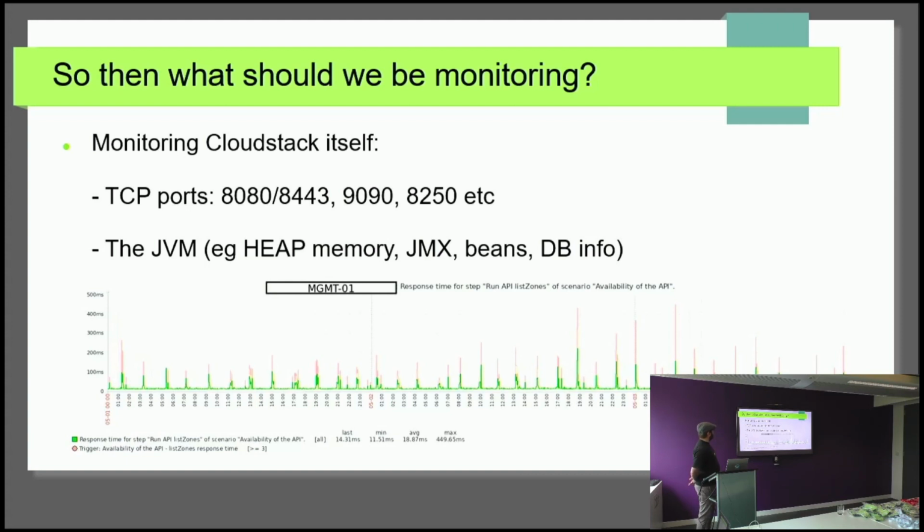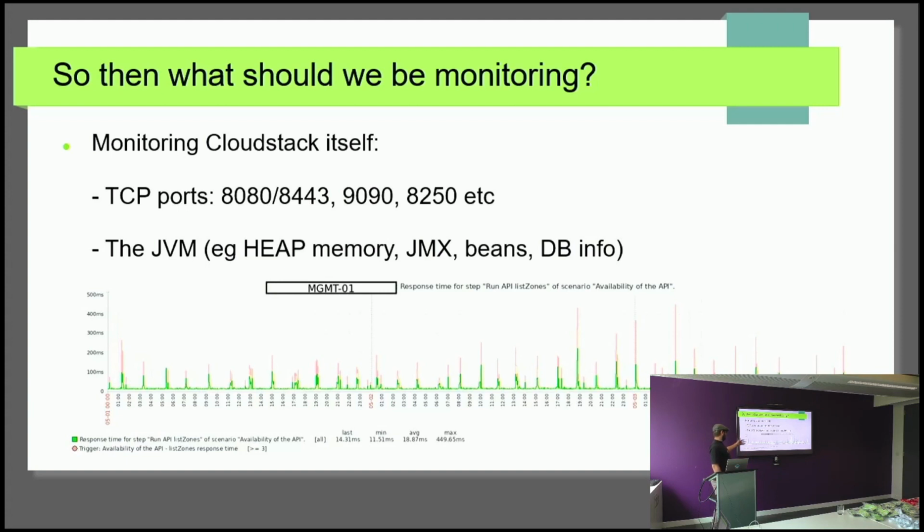More than that, you may want to go further and also look at the availability of the UI and the API. Is it responsive? Is it available? How responsive is it? Is it taking too long to load? Maybe there's a problem and you need to investigate. So, for example, Zabbix has a really nice feature called web scenario, where it actually has the ability to log into your UI and actually do a query, an API query.